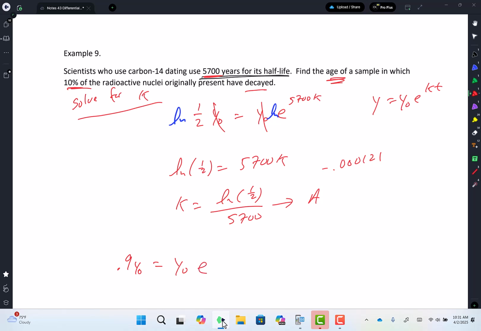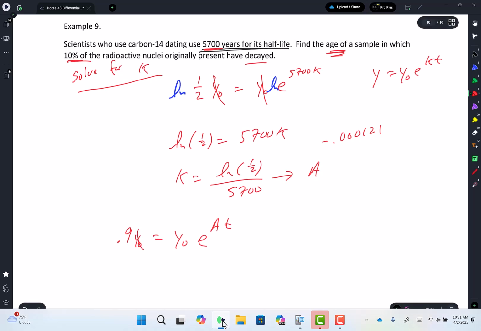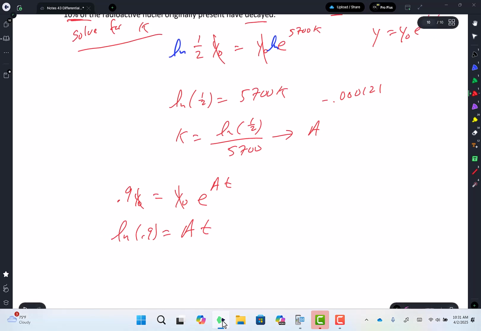90% y naught equals y naught e to the at. I'm just solving for t. I have 90% present, guys. The y naughts cancel. I'm going to use ln. ln of 0.9 equals at. Remember that ln of e is just 1. Divide by a.